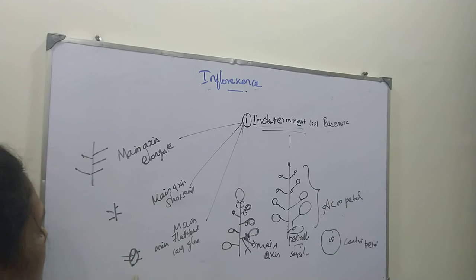So this is called main axis shortened or main axis globose. Understood?